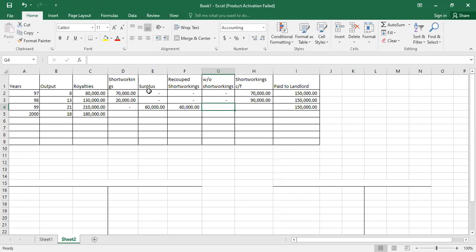Are we writing off? Yes. We are writing off the 30,000, isn't it? Now this is English, it's not even accounting. So our shortcomings that will be carried forward will be nil because we've written off what was remaining, isn't it?